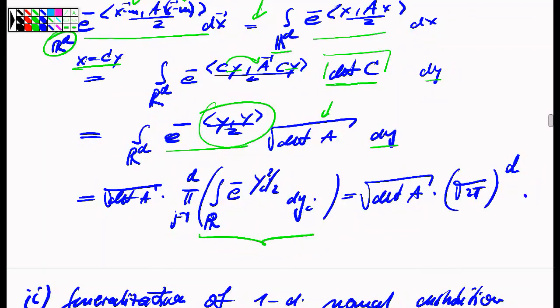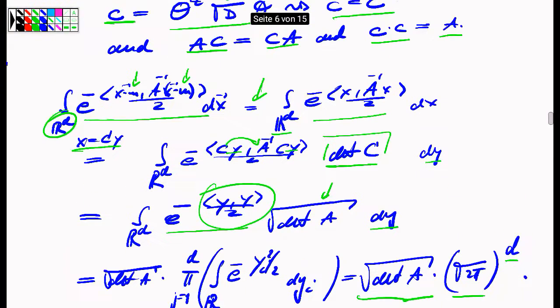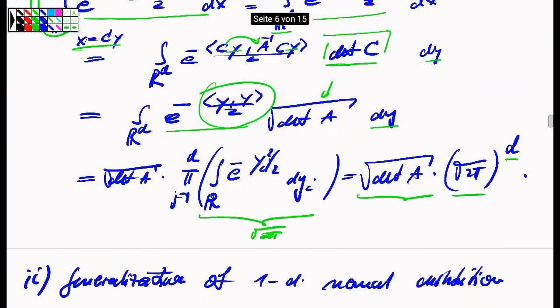But each of these integrals has the value square root of 2π, so since I have the product of d of them, I get this factor to the power d. And I should not forget that I had the square root of the determinant of A for the second change of coordinates. So therefore, this integral that I started with has the value square root of the determinant of A times square root of 2π to the power d.